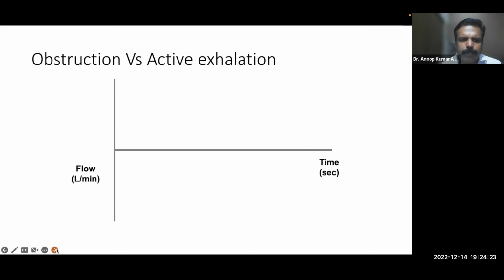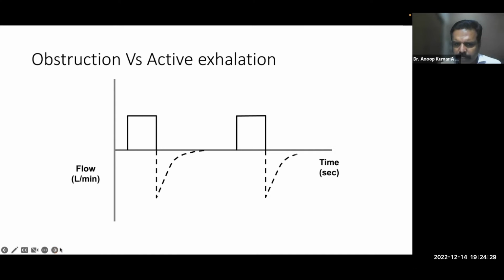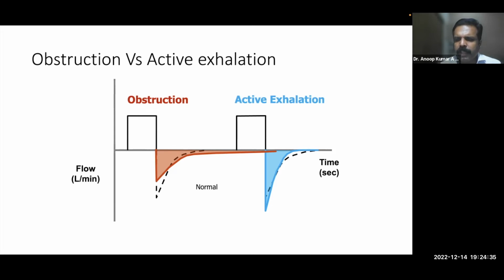Then we have different aspects of these flow time scalars. What is the difference when we observe a diseased airway? Here we have a normal airway: there is a positive flow, then a passive exhalation.